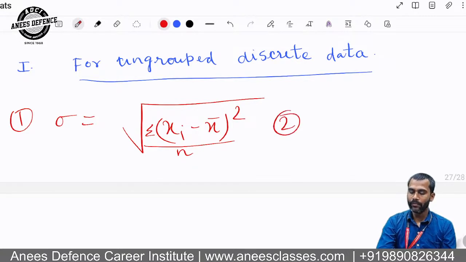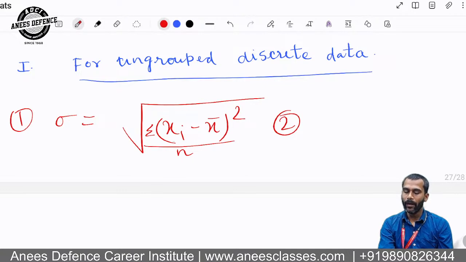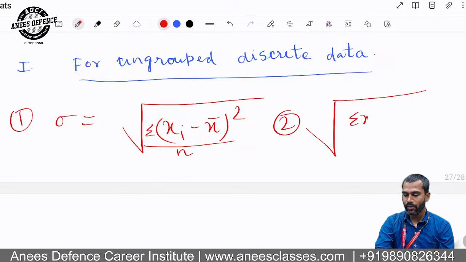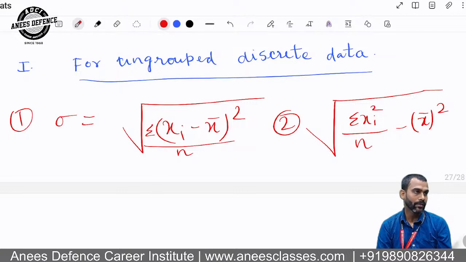The second formula: if you expand xi minus x bar and apply the summation, what you'll get is summation xi square upon n minus x bar whole square. I'll tell you in the next lecture how it comes. This is quite easier. Both the formulas can be used. It totally depends upon the type of the data or the complexity of the data.